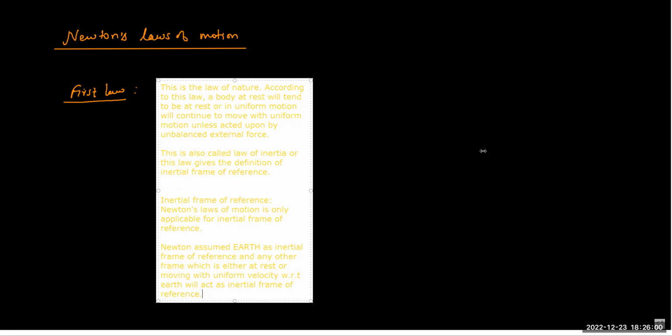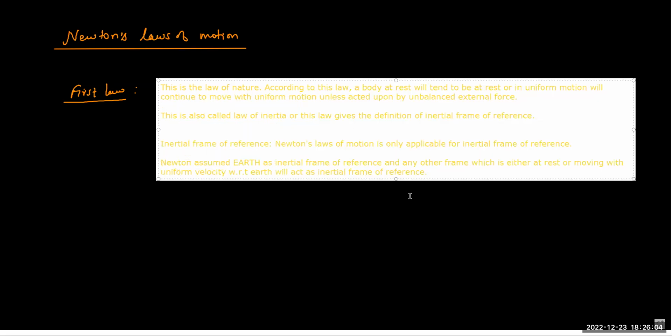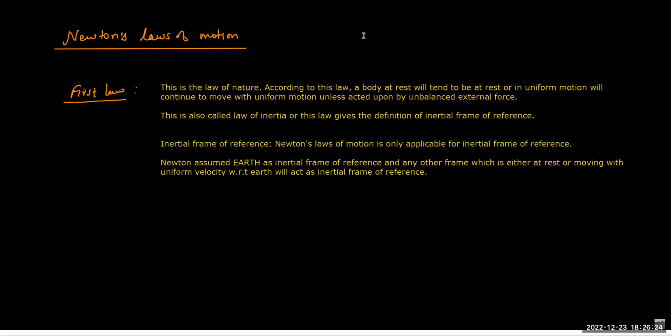So this entire topic of first law is applicable for a variety of things. We assume Earth as the inertial frame, and therefore anything which is inertial in the frame of Earth is also inertial in general. Okay. So the inertial frame remains the same accordingly.